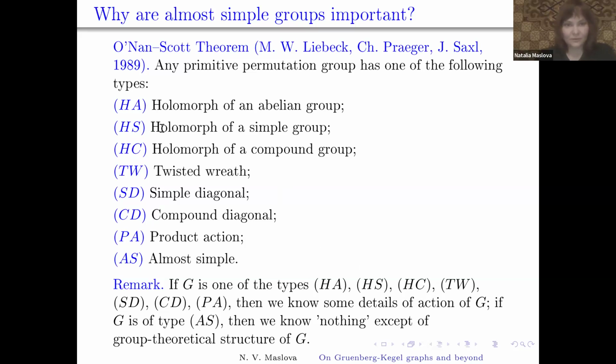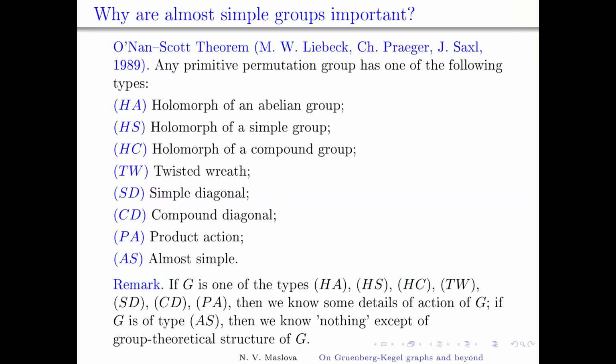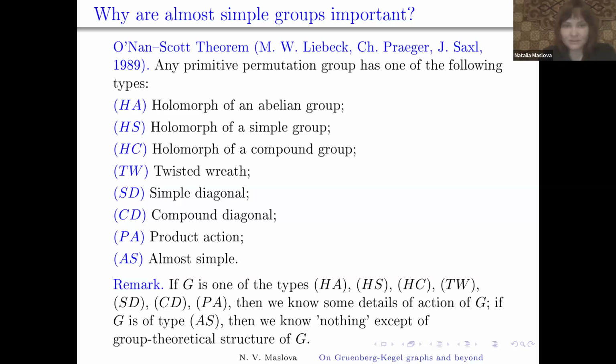And in the first 7 cases, we know many details of the actions. And in the last case, we know only the structure of the group. So exactly, almost simple groups. What is a holomorph? What is a holomorph of an abelian group? It's a special kind of primitive permutation group. You consider an abelian group and a special action of its automorphism group.